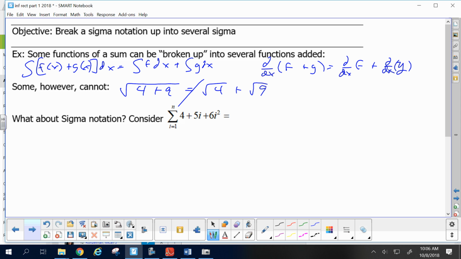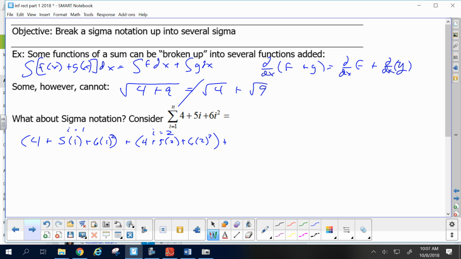Do you agree that when you do a summation, this is like a lot of function evaluation problems? For example, when i equals 1, you would have 4 plus 5 times 1 plus 6 times 1 squared. Then you'd put in i equals 2, and you'd have 4 plus 5 times 2 plus 6 times 2 squared.